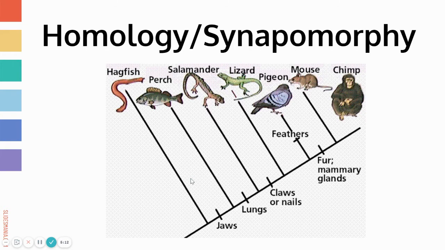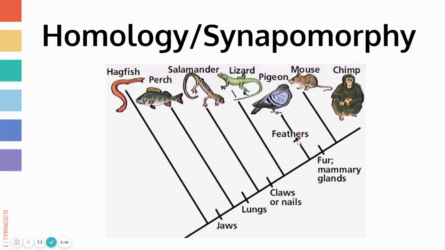So when we're looking at cladograms, a lot of times you'll see traits that are sort of marked as little hash marks on the cladogram. And the hash marks are going to represent different traits that arose at different points in the cladogram or the evolutionary history. And so the way to read one of these hash marks is to say that, so let's look at this one first.